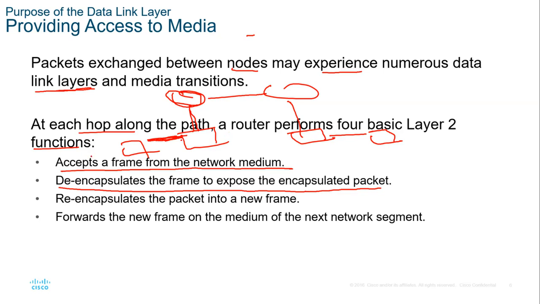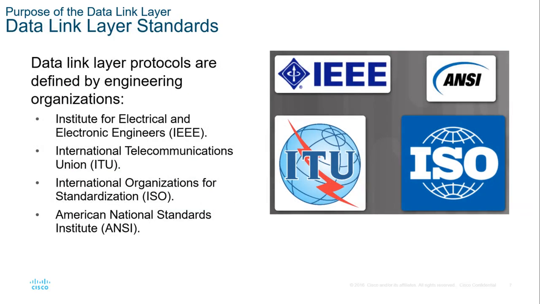Then after exposing the packet, it has to be re-encapsulated into a new frame, and that new frame is forwarded on the medium of the next network segment. Those are the four basic functions.